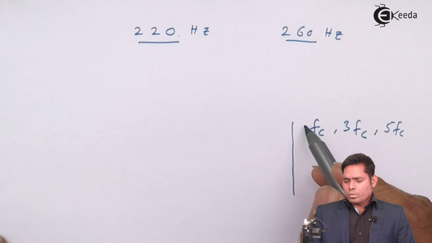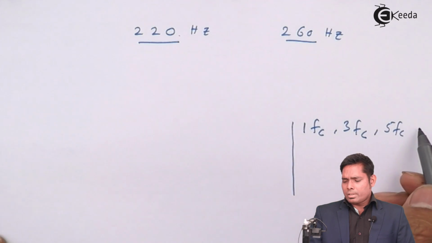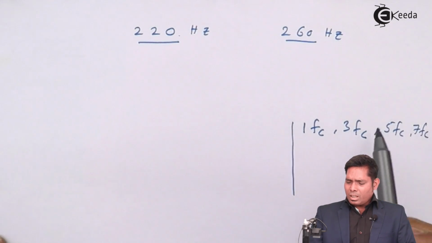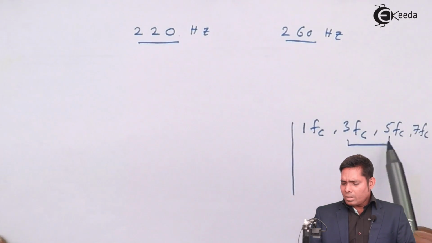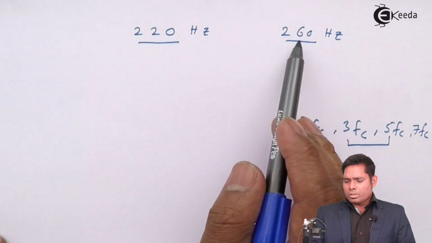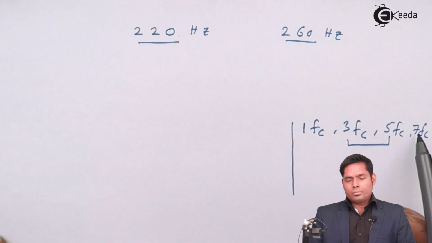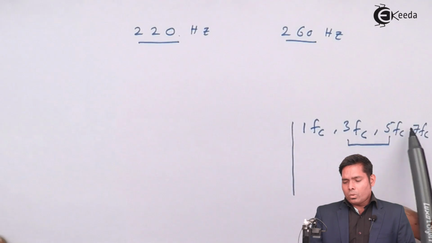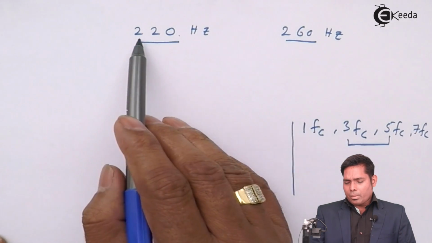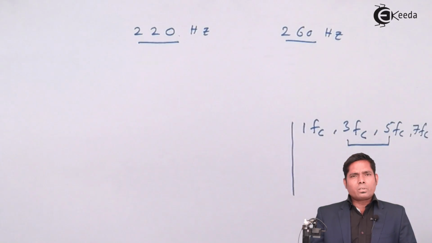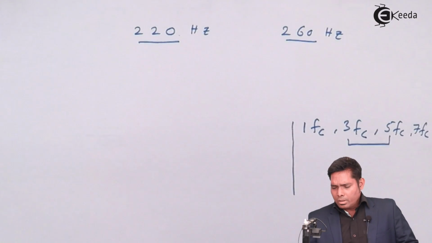So this is 1Fc, 3Fc, 5Fc, similarly 7Fc. Out of these, two consecutive ones have these two frequencies. It might be 3-5, it might be 5-7, 9-11 or 11-13, that we don't know.